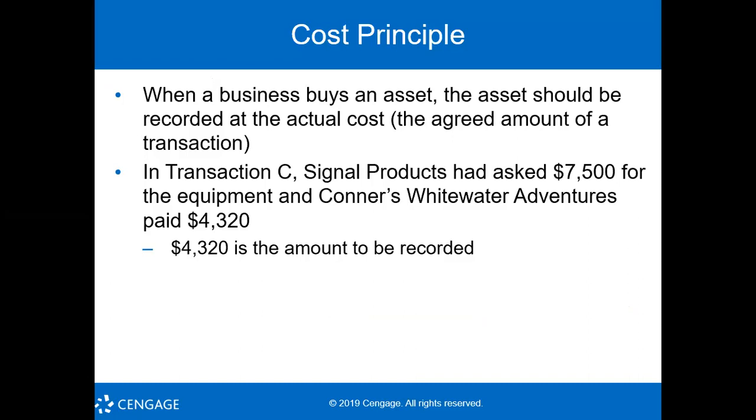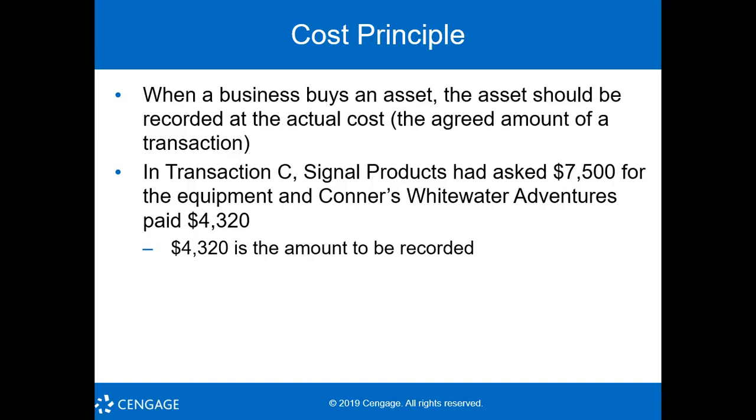The cost principle basically says that when a business buys an asset, the asset should be recorded at actual cost. So when we looked at, for example, that second transaction, we purchased $38,000 worth of equipment. So obviously we're going to put that equipment on our books at $38,000. Or in the previous example, we bought $4,320 worth of equipment, so we would put it on our books at $4,320.